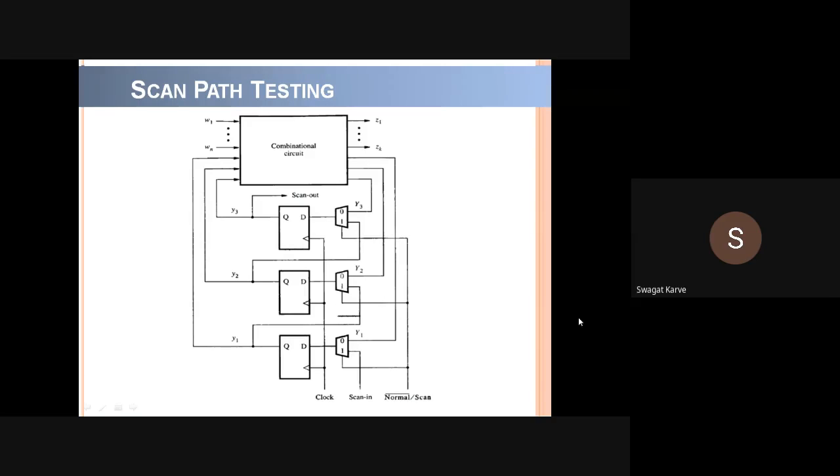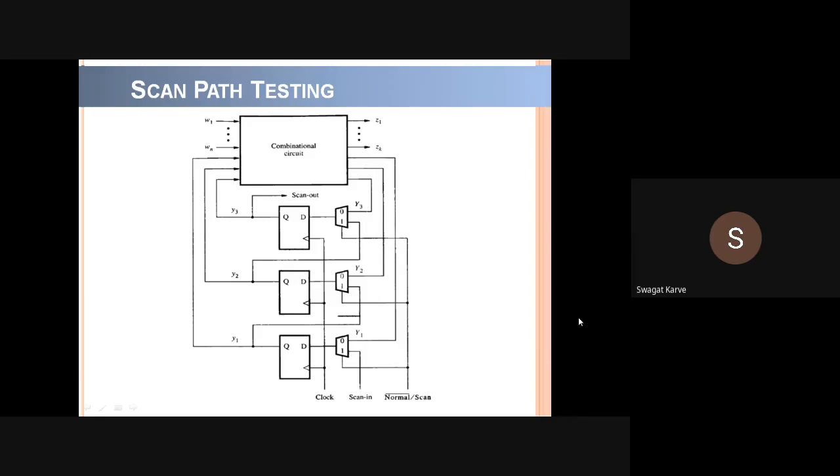First one is scan path testing. Second one is built-in self-test. In built-in self-test, there are some methods such as LFSR, that means linear feedback shift register, then signature analysis, then built-in logic block observer, which is again one of the sub-techniques in built-in self-test.